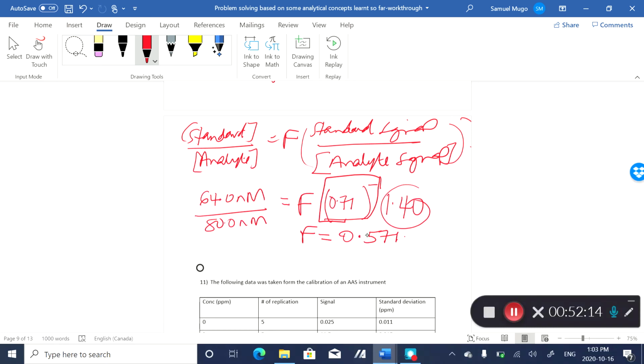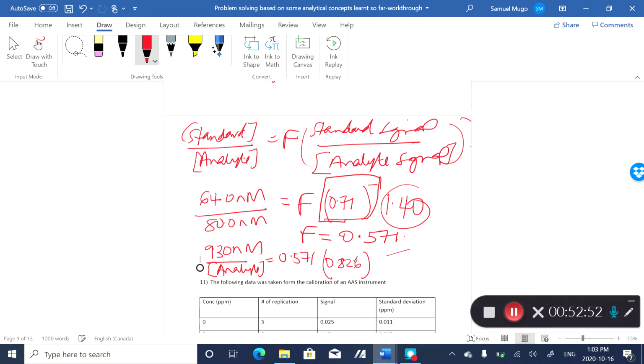Knowing the response factor, now you can calculate the unknown, and the unknown is already given as follows. You just substitute it in the problem there. The standard is 930 nanomolar, and then you have to calculate the analyte. You already know the response factor, and you already know the ratio of the analyte to signal, which you've been given to be 0.826.